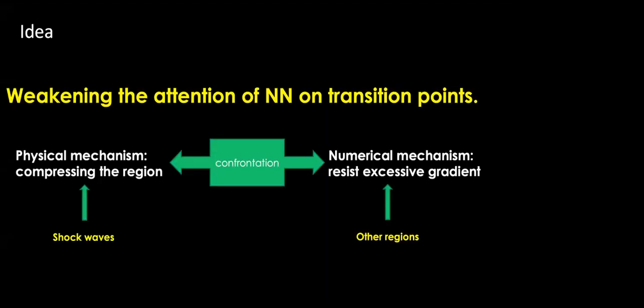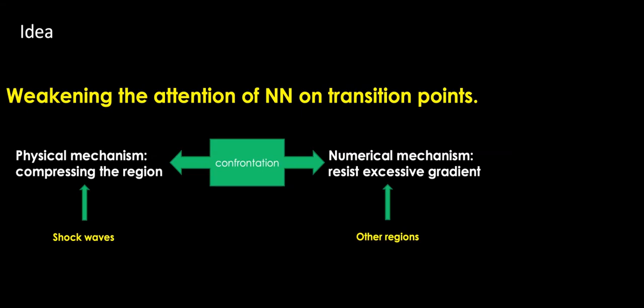Imagine if we weaken the attention on transition points, PINNs will focus on training the smooth regions, which depends on the physical compression from the left and right smooth regions.